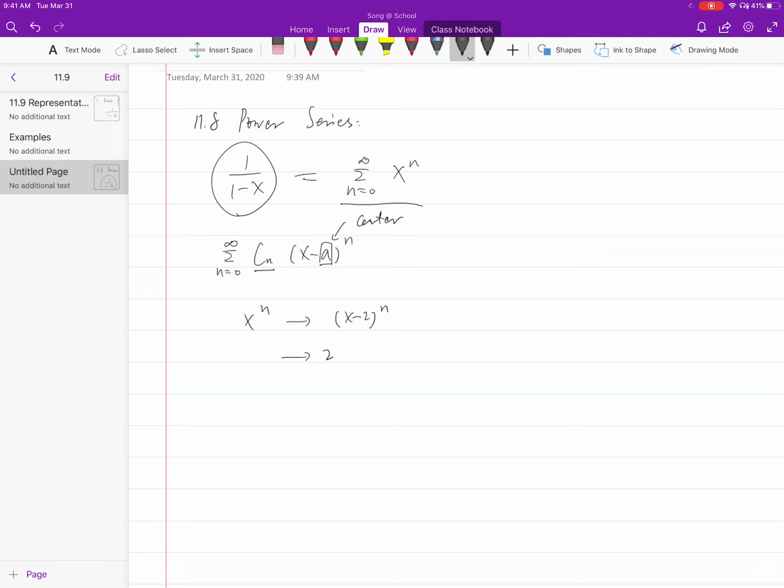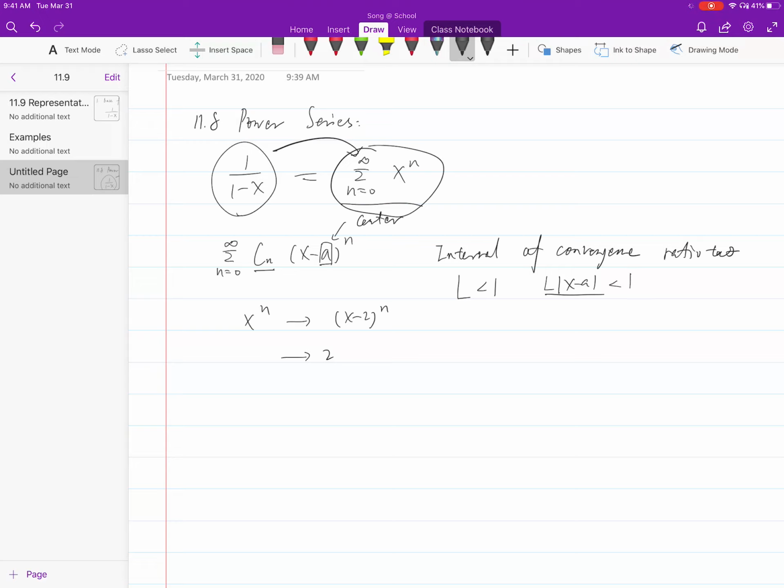Then we talked about the interval of convergence, which basically means if you want to write a function as a power series, sometimes it works, sometimes it doesn't work. It only works when the series is convergent. To determine that, we do the ratio test. We set it to be less than 1, after we finish all the computation, and we will always end up with an inequality. I'll skip the details.